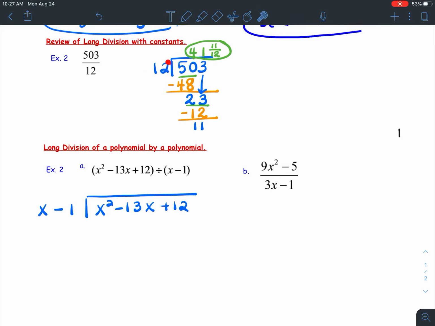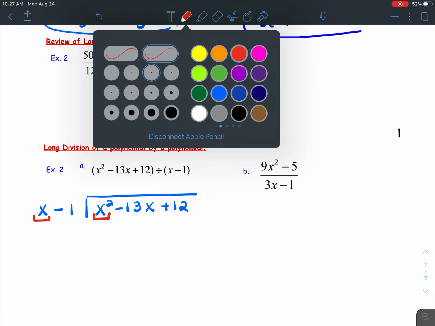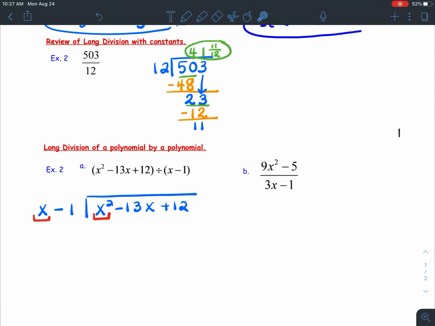Okay. All right, so what you're going to do is, remember here, we compared the 12 to the first couple digits of the 50, and we asked, how many times would 12 go into 50 without going over? You are going to only ever compare the first term and what's out in front, and this is assuming that you've got things in descending order, by the way. You're going to compare that first term with the first term that is underneath the division bar.